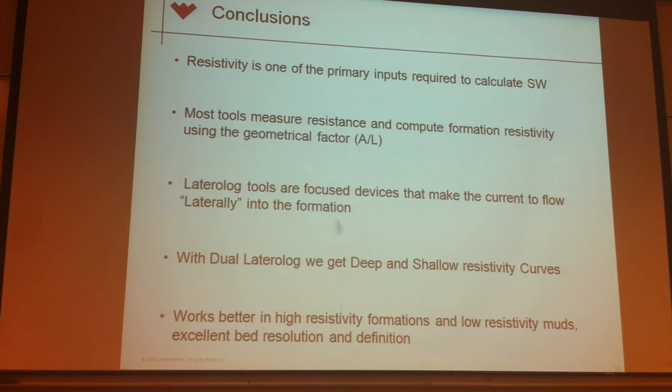With dual laterolog tools, as Javier said before, we get shallow and deep measurements. To be able to calculate RT, we will need an extra measurement, which is from the MMR, to measure RXO. This tool works better in low resistivity modes and high resistivity formation, and also has a very good vertical resolution and better definition.